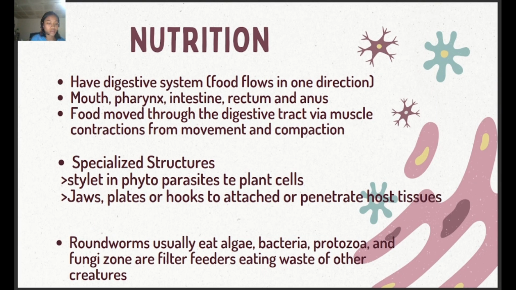So, another way that we can look at different categories of nematodes or roundworms is through how they undergo nutrient acquisition. Roundworms have a two-opening digestive system, which means food flows in one direction.